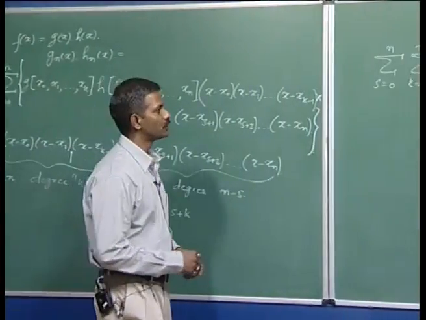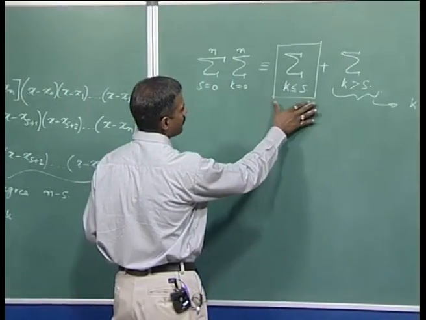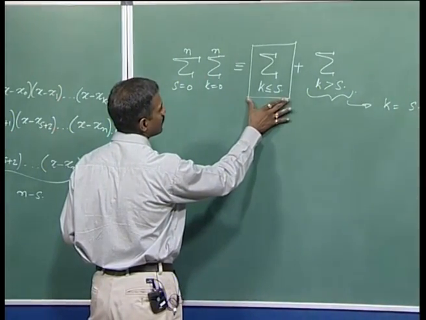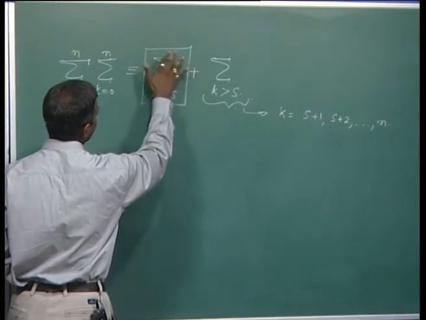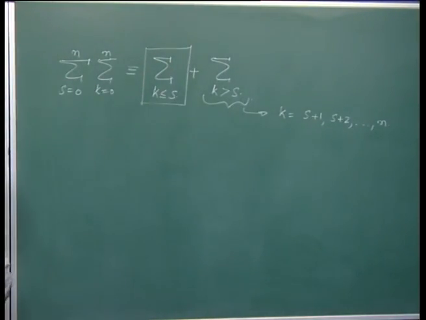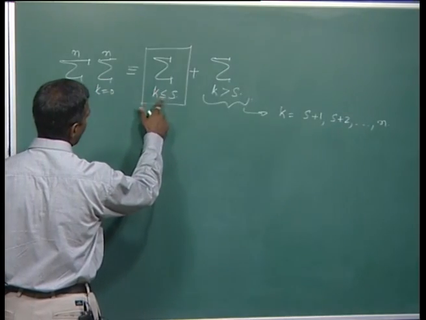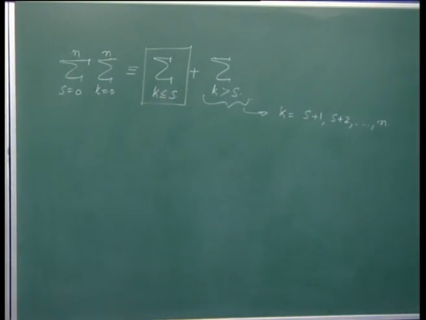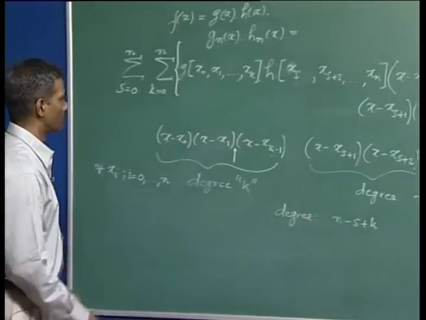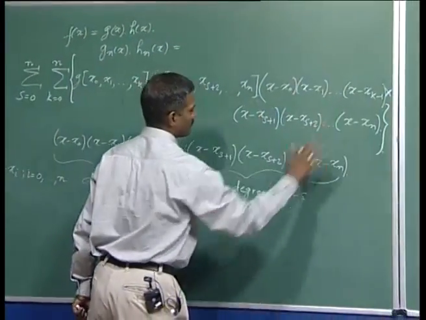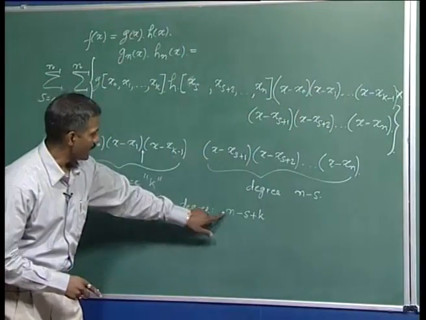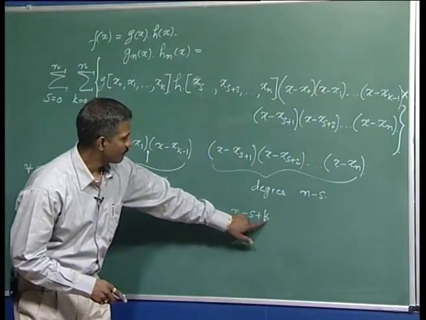Okay, the first thing we need to do now is worry about the degree of the terms emanating from this summation for values of k smaller than or equal to s. Let's come back. You would know that the degree of the entire expression, which is here, is n minus s plus k.